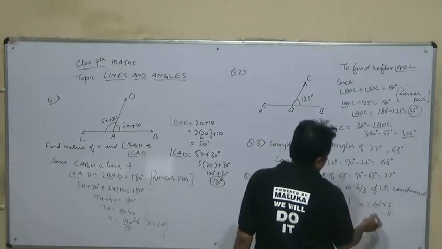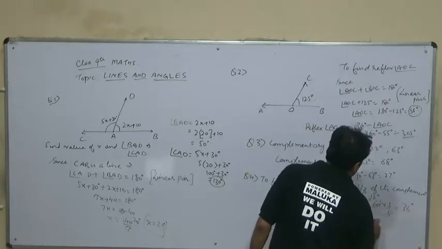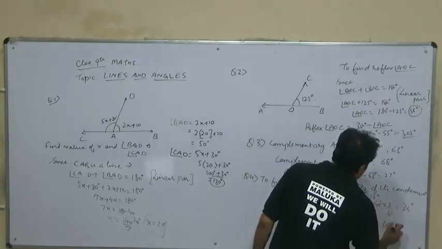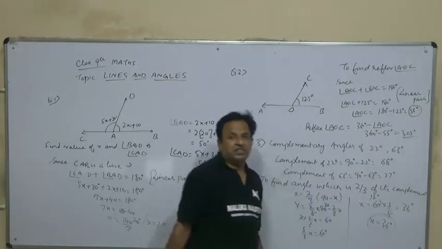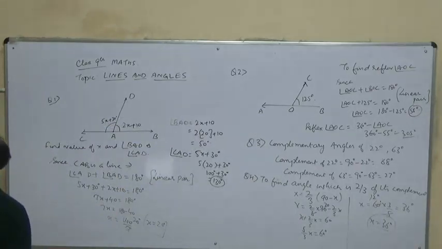This cancels out with 12. 12 into 3 is 36 degree. So the angle 36 is that which is 2/3 of its complement. What will be its complement? Its complement will be 54, and 36 is 2/3 of 54. Okay. So then we will go to the next question, but before that we have to rub the part.